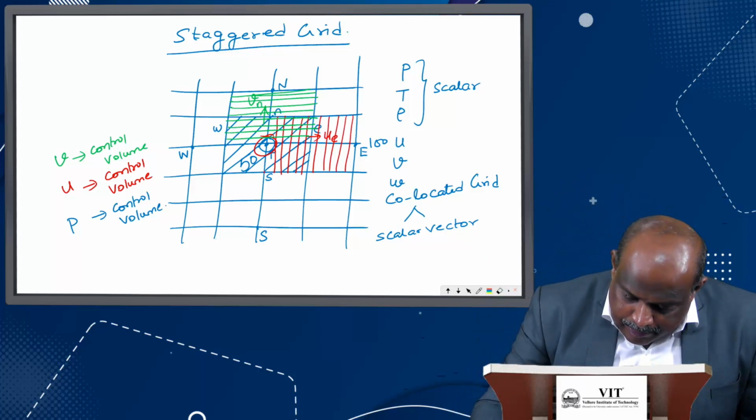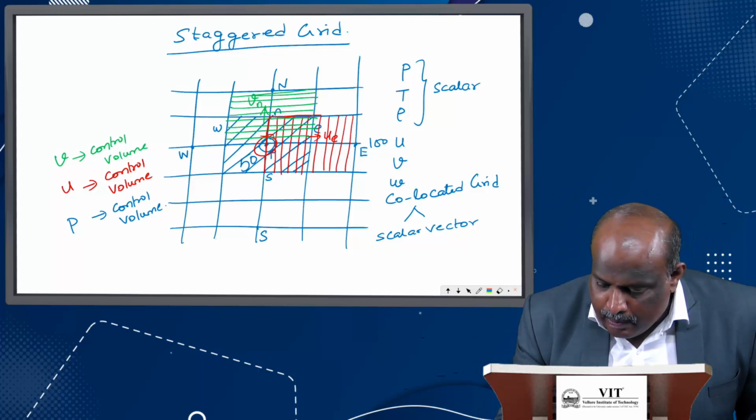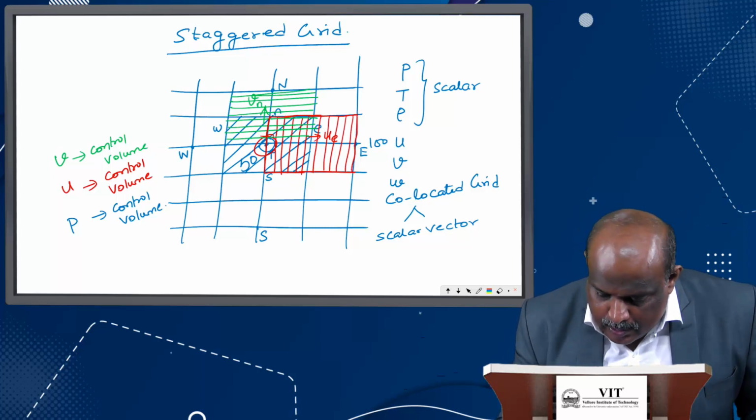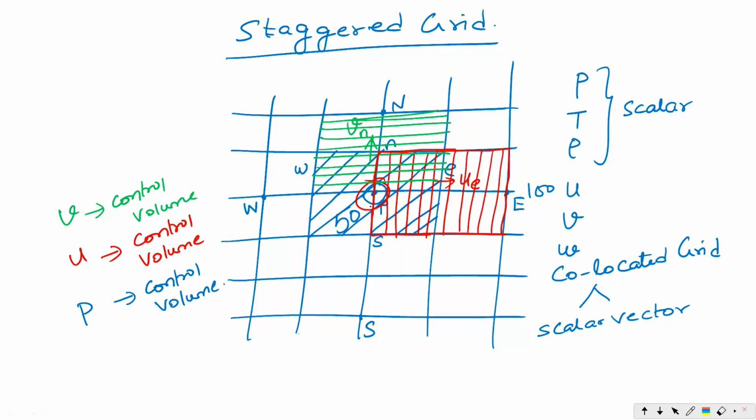Whatever I am going to sketch is my U control volume. I hope it is more clear now. It starts from P, ends at E, with the velocity UE at the center point. This is my E. I will take this control volume alone and draw it separately, and once again we will try to find the value of dou P by dou X. Any doubts so far?